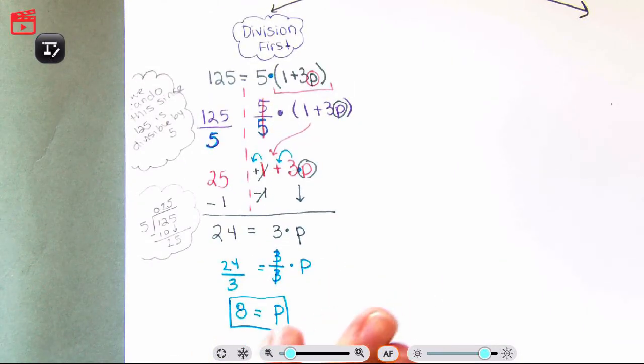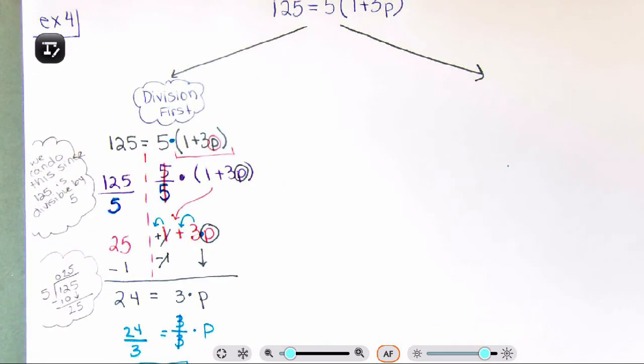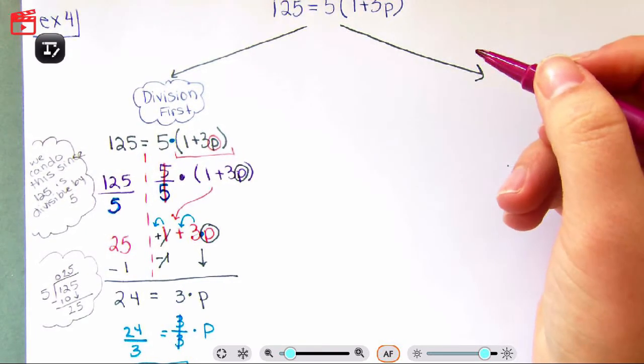So that is one way of doing that, is that you use division first. It's a little bit different than the steps that I provided to you in the beginning of this video, but it still works. All right, let's do the second way. And this second way makes you use the distributive property.